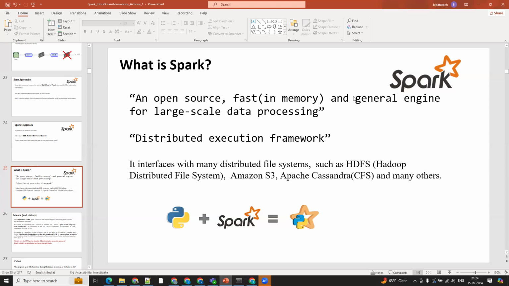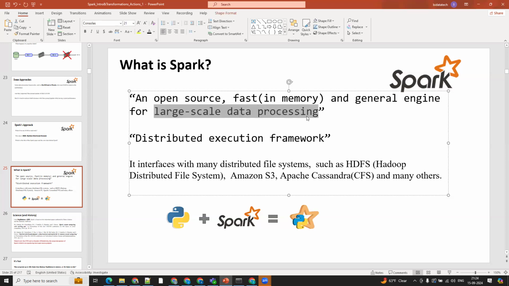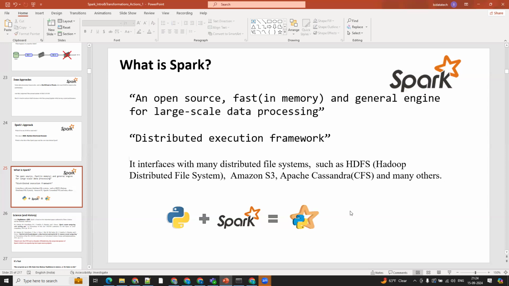That means it can do batch processing, stream processing, machine learning, graph algorithms, whatever you want, and for large scale data processing, of course. Now, whatever MapReduce programming you guys used to use in Hadoop, Spark has become the replacement of this one.